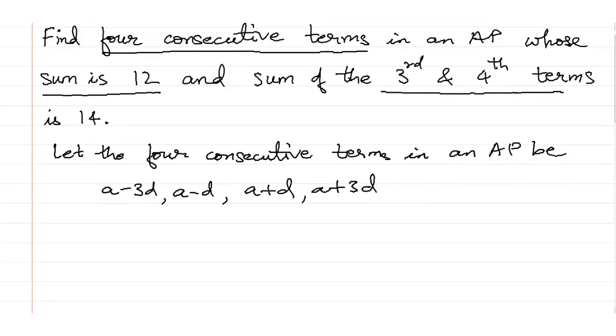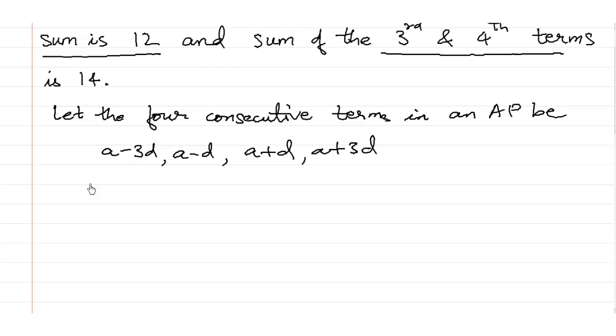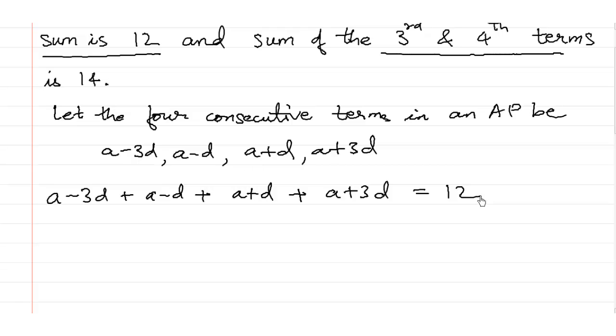So if you take the total of all these numbers, you'll be getting A minus 3D plus A minus D plus A plus D plus A plus 3D, and the total is 12.